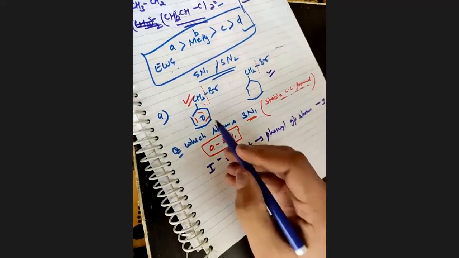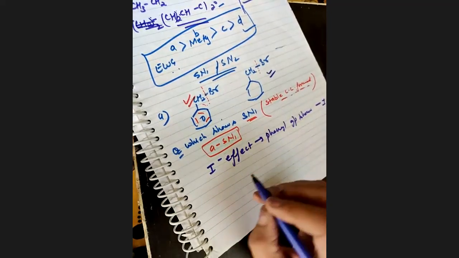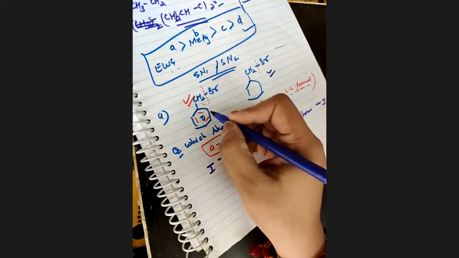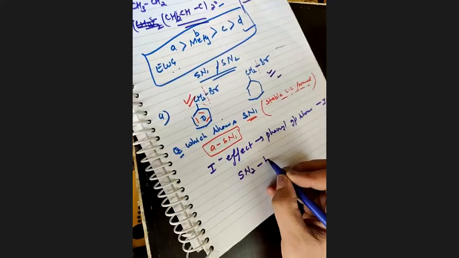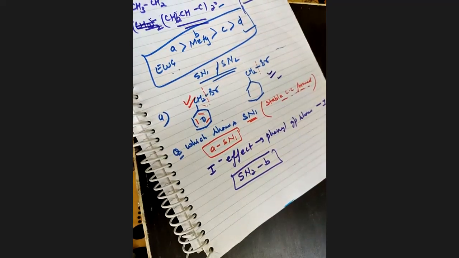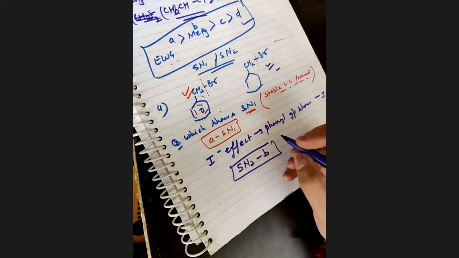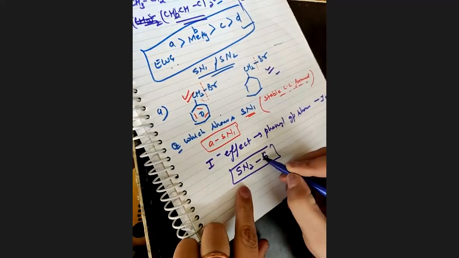Sorry, there is an error. SN2 will be shown by this.